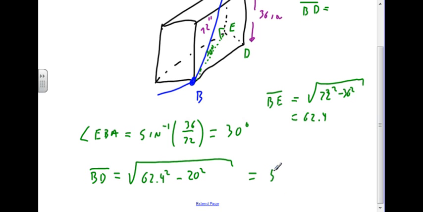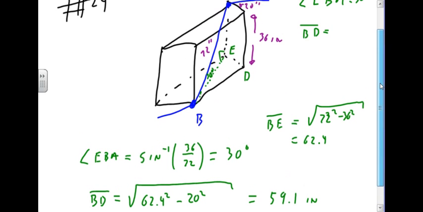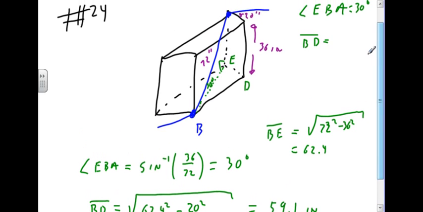Okay, so 59.1. What is it? Feet? Inches? Inches. Okay, so this is going to be 59.1 inches.